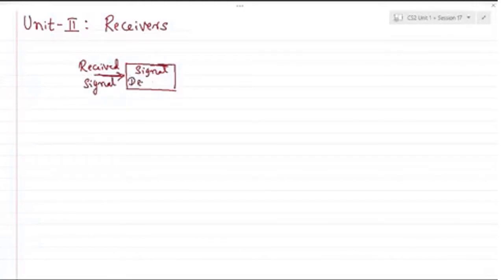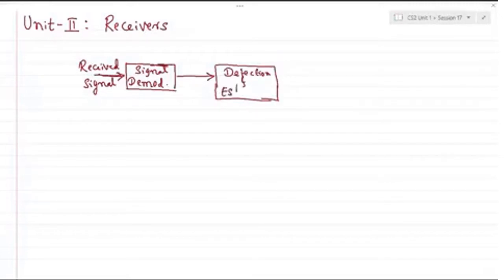The front end of this receiver, the first block, is called the signal demodulator, followed by a part of detection and estimation. If the received signal is, say, r_i, you would be estimating the symbol as s_i hat.